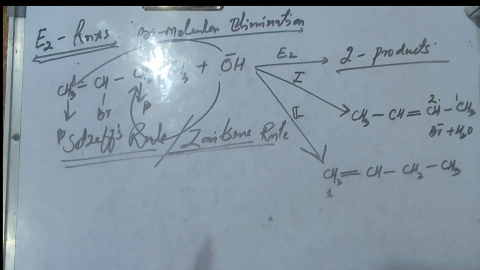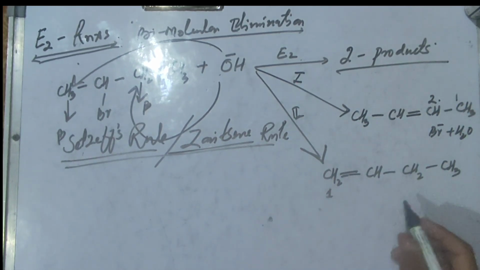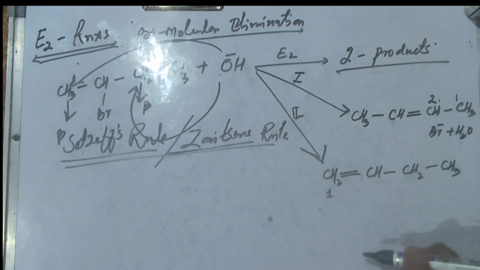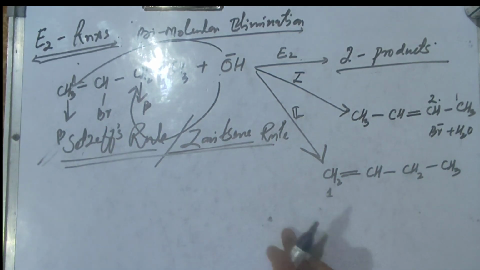This is simply a shortcut to predict the product in elimination reactions in which more than one product is formed. At that time, this rule, Saytzeff's or Zaitsev's rule, determines the major product.